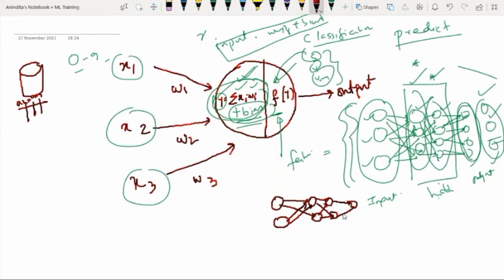The number of inputs is 13, ma'am. Yes. So how many neurons can we expect in the input layer? 13, ma'am.